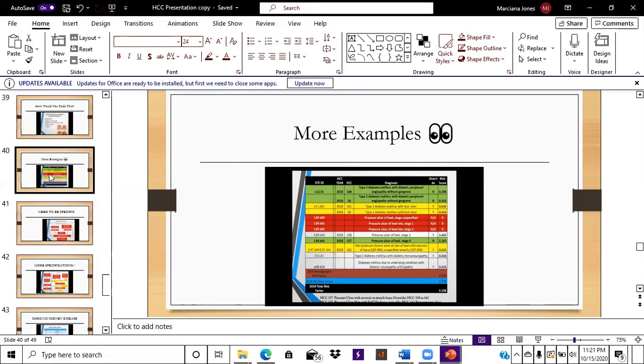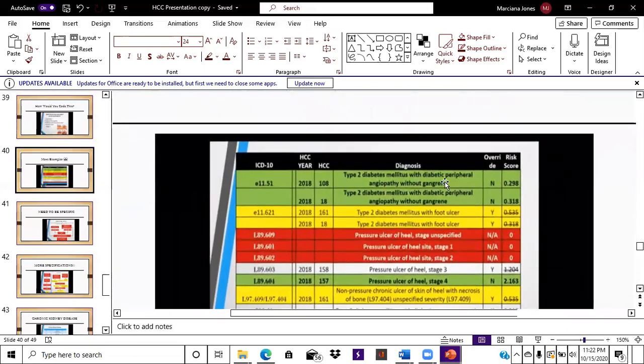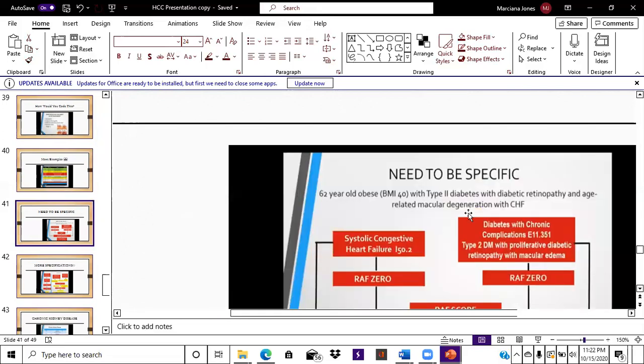There's a huge difference in the RAF scores when you do. So here's more examples with the diabetes. I think we talked about that enough. So need to be more specific.